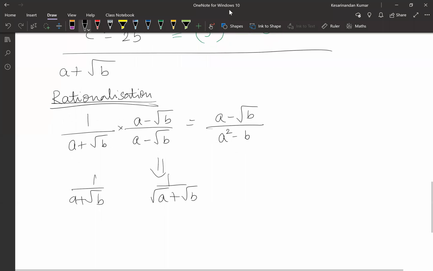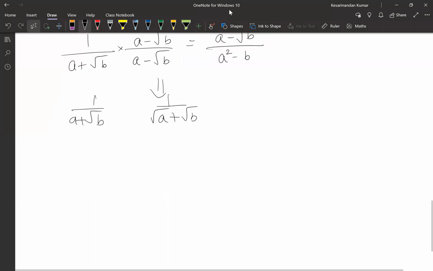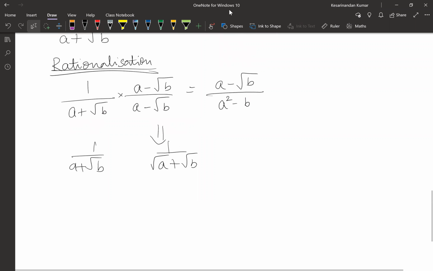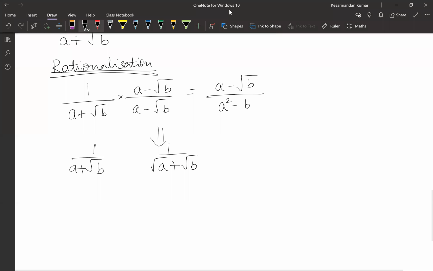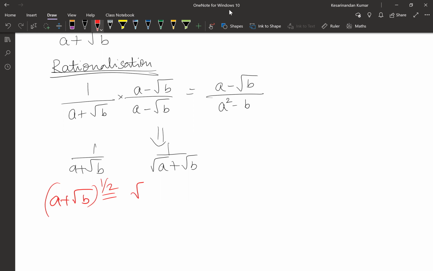Okay. So one more thing. What if I ask you a simple thing like, I have given you a surd a plus root b, and I have asked you to find the square root of that surd. How do we proceed in that? So let's just assume for now that this is equal to root x plus root y.